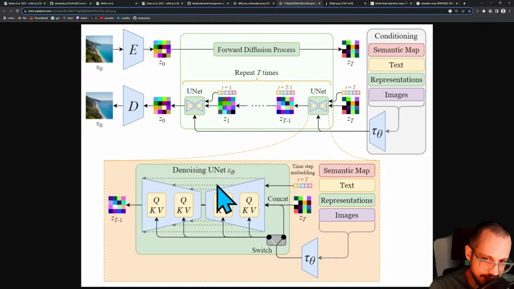So whenever the UNet is figuring out what the noise is, it's predicting that noise, it's being conditioned. All this rich text information is coming into this denoising UNet and going into these cross-attention maps, right? These cross-attention maps between the latent and this text information coming in here.